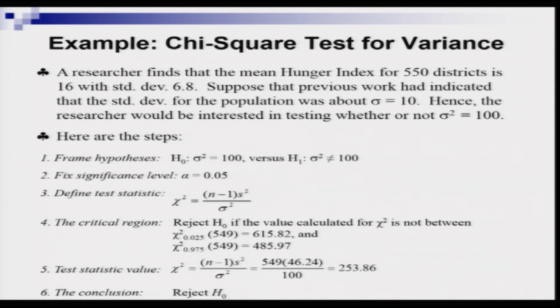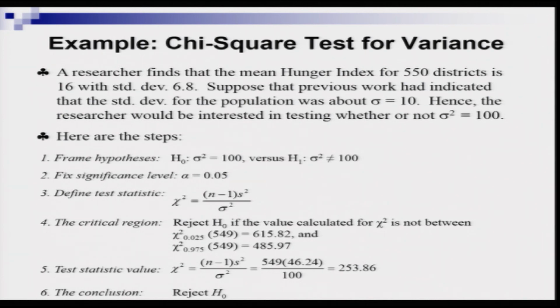Now, also assume that even before this researcher came with his results, maybe 5-6 years before, another group of researchers had conducted some research on the same topic, and this previous literature indicates that the standard deviation for the population was about 10.